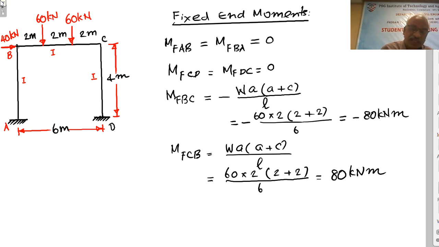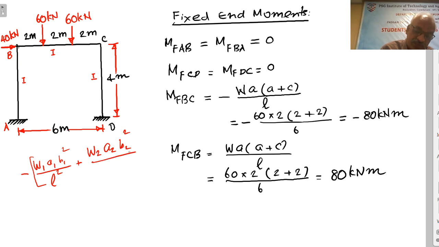We know that when the beam is subjected to two or more point loads, the formula will be minus W1 A1 B1 squared by L squared plus W2 A2 B2 squared by L squared.